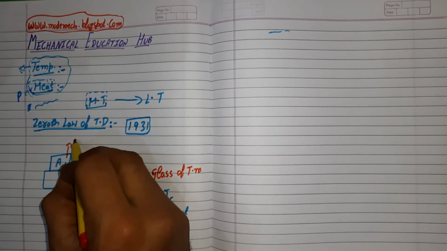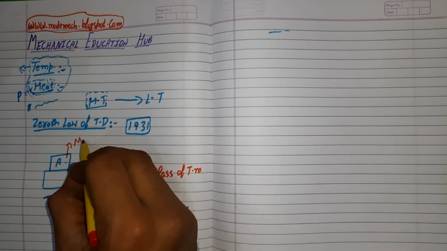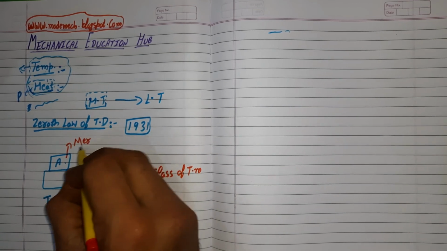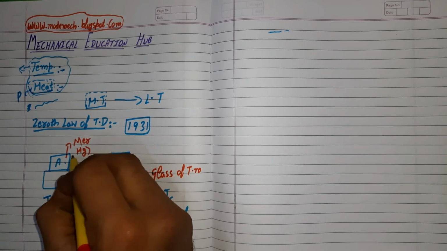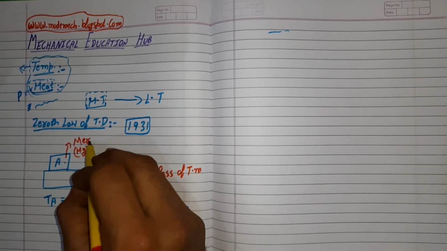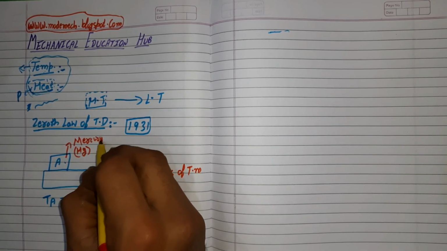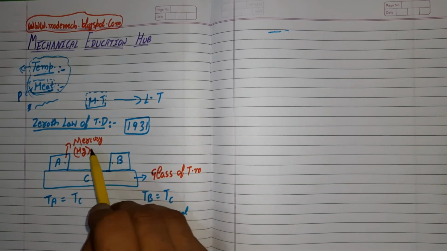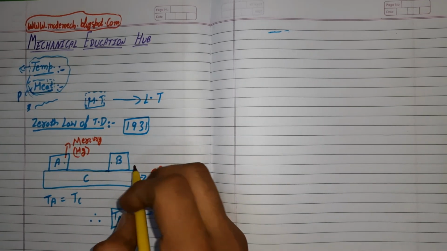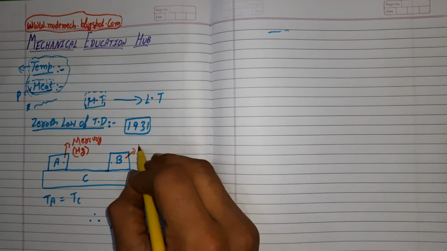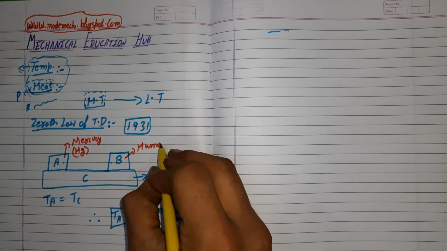This body A is mercury, or I am writing Hg, its chemical symbol. Let's consider body A to be mercury and body B to be the human body.